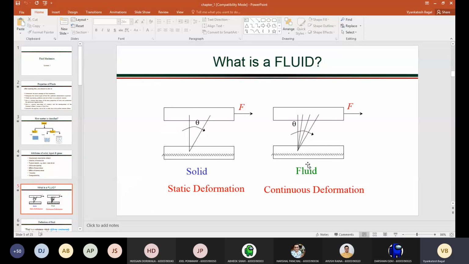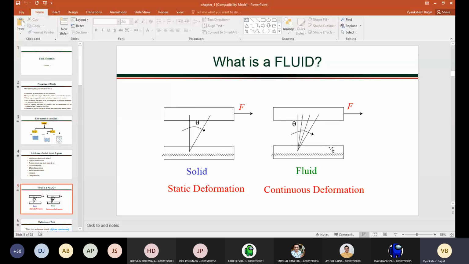Now, the second observation: the fluid adheres to the plates, meaning it will stick to the plates. If your bottom plate is stationary, the first layer of fluid in contact with the bottom plate will be at rest, the reason being the surface is at rest.